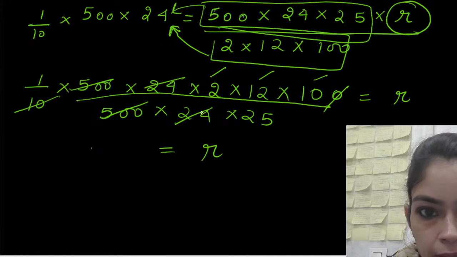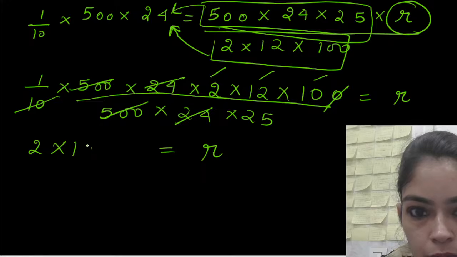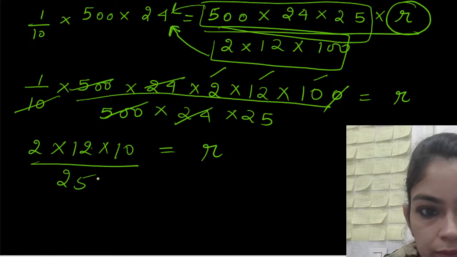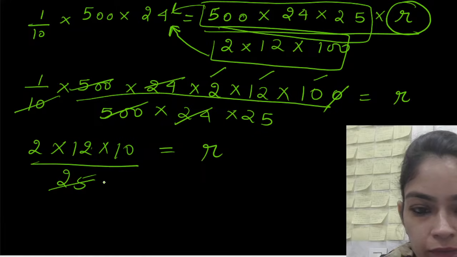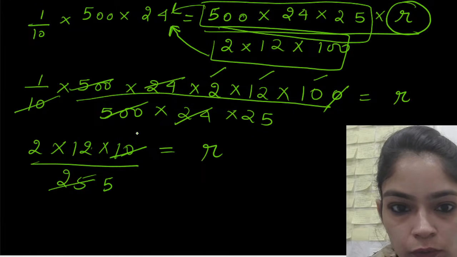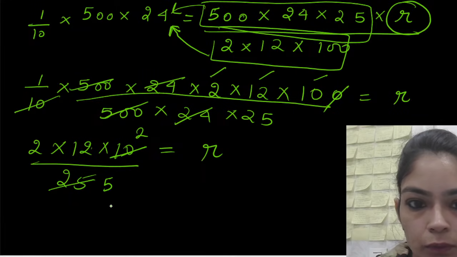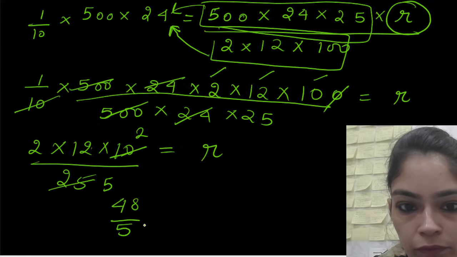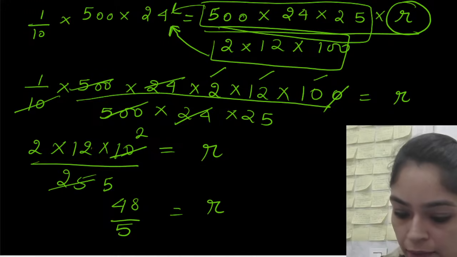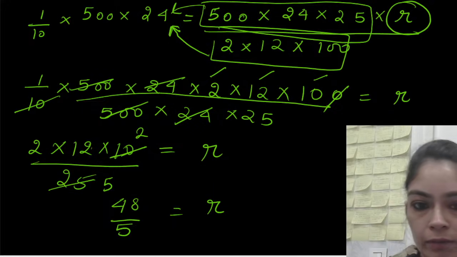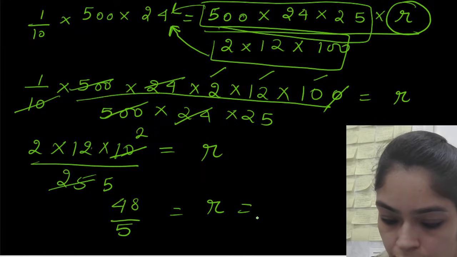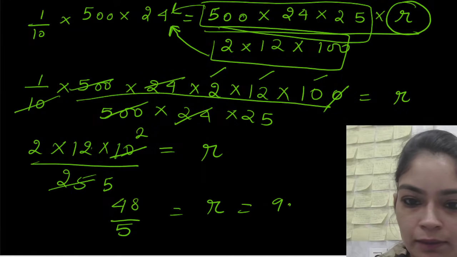So we are left with now here 2 into 12 into 10 and by 25. So this further we can cancel 5 into 5 and 5 into 2. So we have now 48 by 5. So 48 by 5, when we divide, we'll get the answer as 9.6.